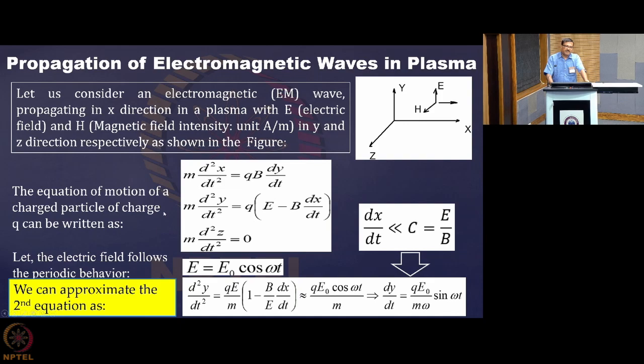Then we wrote the y component as q(E plus v cross B), because E is pointing in the y direction. The component from v cross B is dx/dt and B, and the cross component is pointing in the y direction with a negative sign.